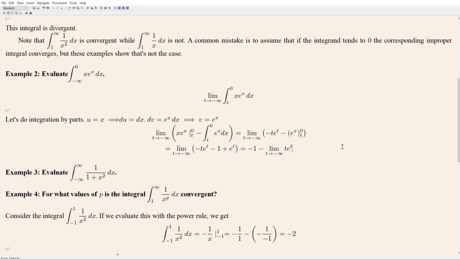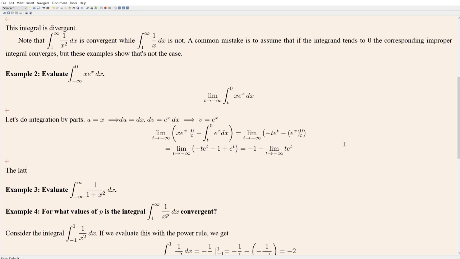Alright, so let's rewrite this to use L'Hopital's rule. So the latter limit is of the form infinity times 0, so we need to rewrite this as a fraction.